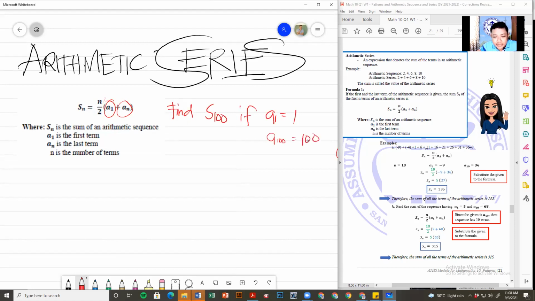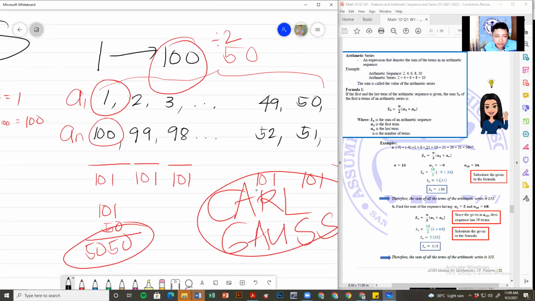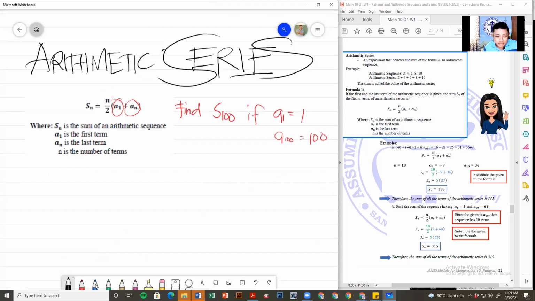The first term is 1, the last term is 100, and there are 100 terms. So the process, just like what Carl Gauss did, but now we will not be using the illustration of Carl Gauss, but this time we will be using our formula, just for us to apply the formula that we will be using for arithmetic series.